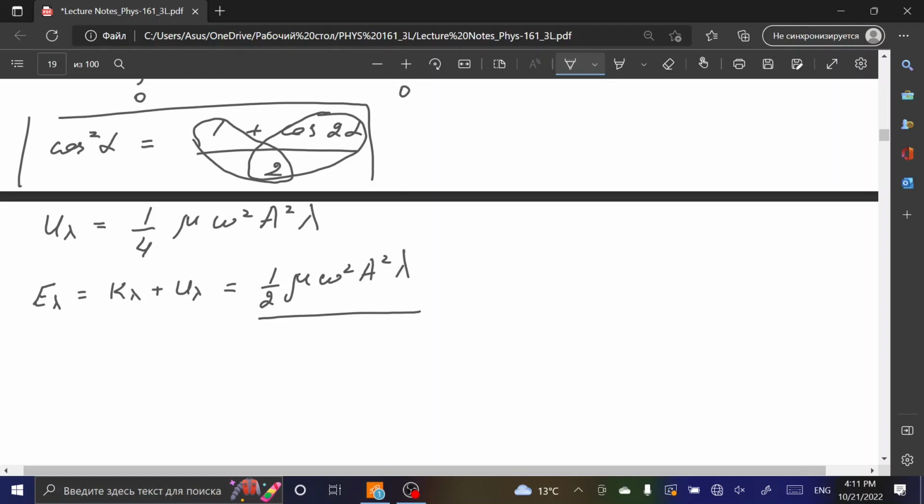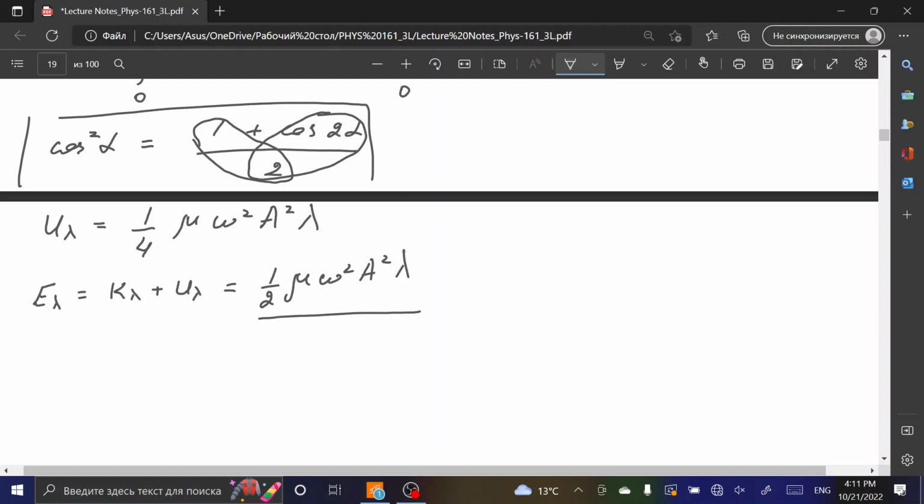So if we know total energy, which is per wavelength, and we want the rate of energy transfer per cross section, we need to divide this total energy by time, how long it takes to travel along the string. This is how long it takes for this amount of energy to travel along the string.